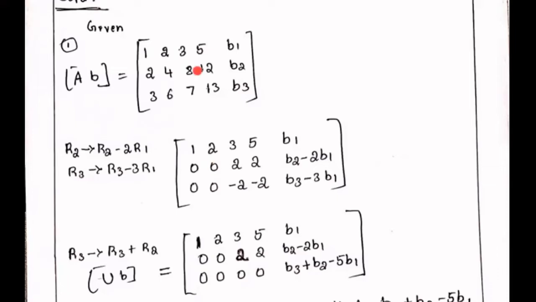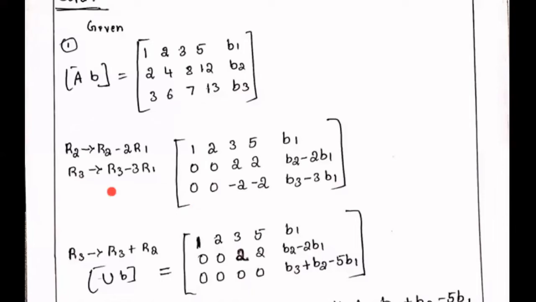Again you have 8 here and 3 in row 1, so 8 minus 2 times 3, that means 8 minus 6, that is 2. Similarly 12 minus 2 times 5, so 12 minus 10, it becomes 2. Similarly go to the third row: 3 minus 3 times 1, so 3 minus 3 is 0.